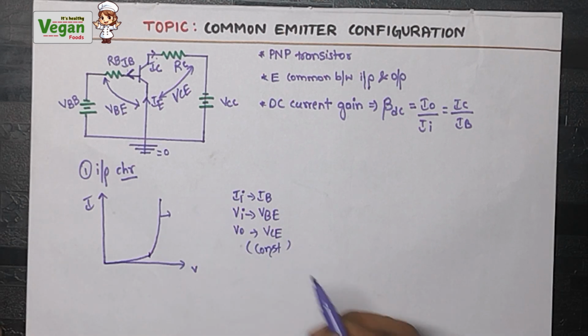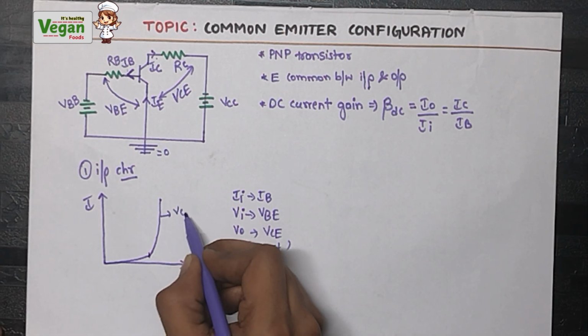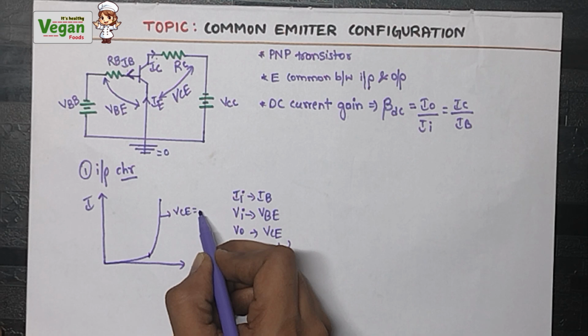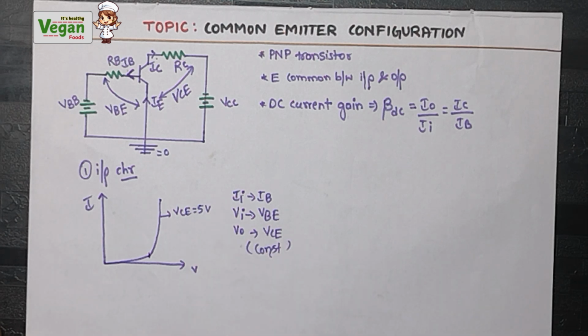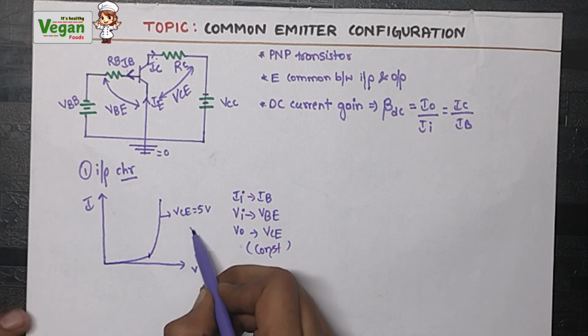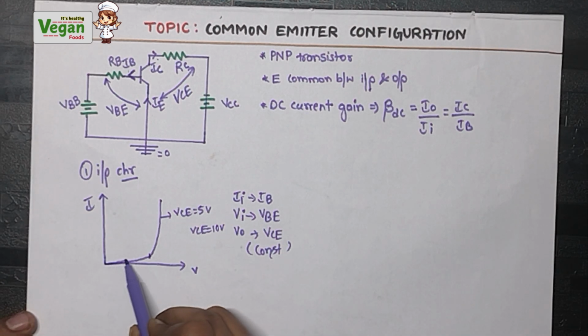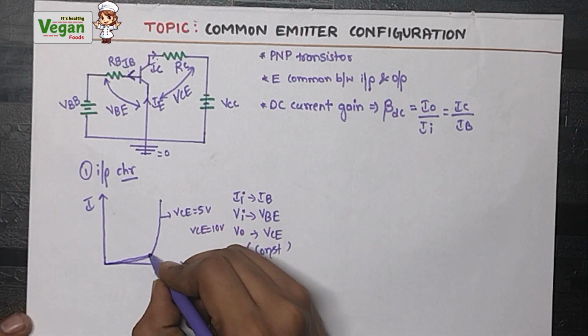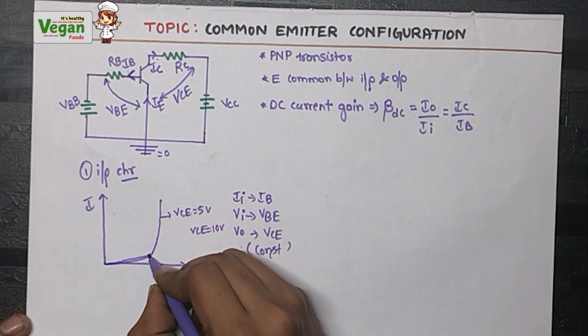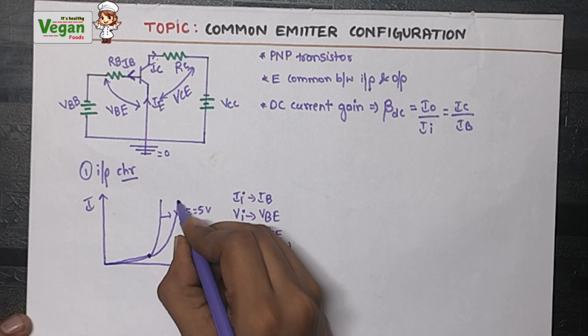If we consider this constant voltage VCE, let's consider its value as 5 volts. Next, if I change the constant voltage VCE and increase it to 10 volts, it will come up to here, up to the threshold voltage, and increase sharply once the threshold voltage is crossed.